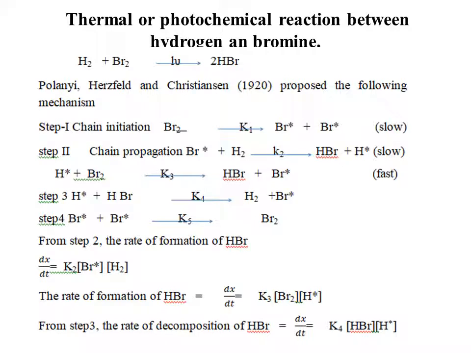In this step, the bromine radical produced will react with hydrogen to form HBr plus H*, the hydrogen free radical. This is also a slow reaction, Br* plus H2 produces HBr plus H* with rate constant K2.